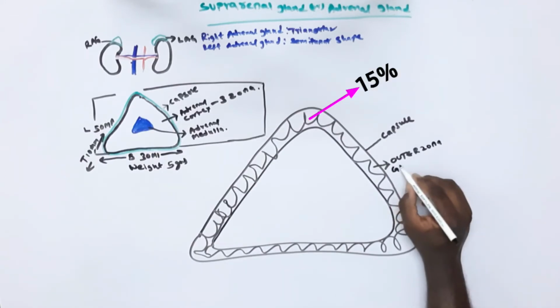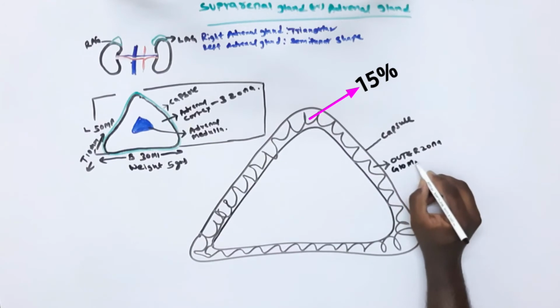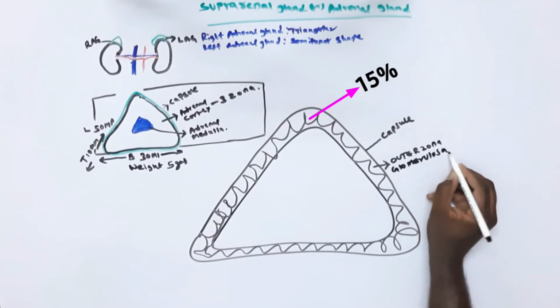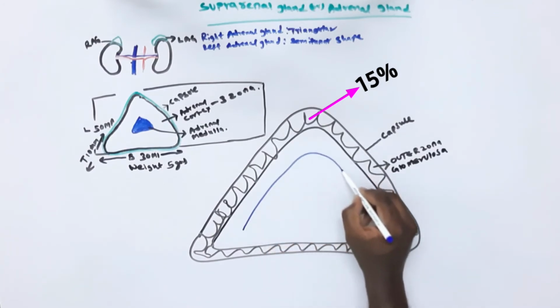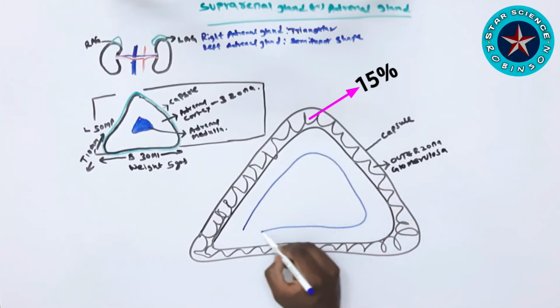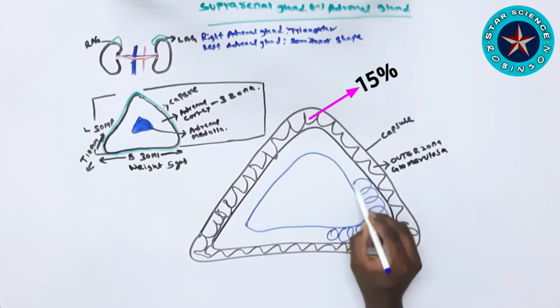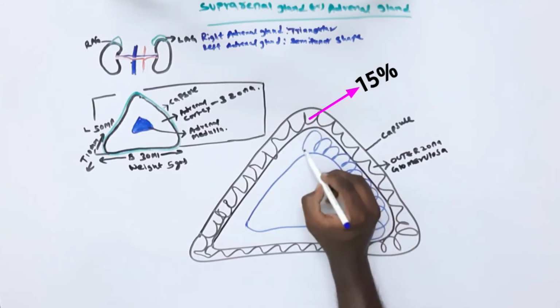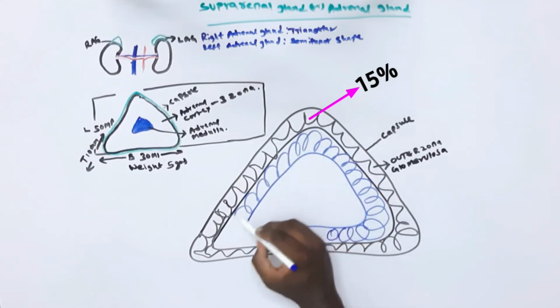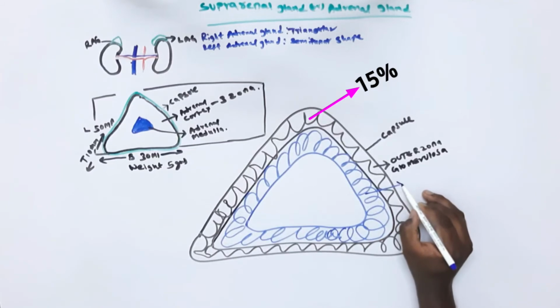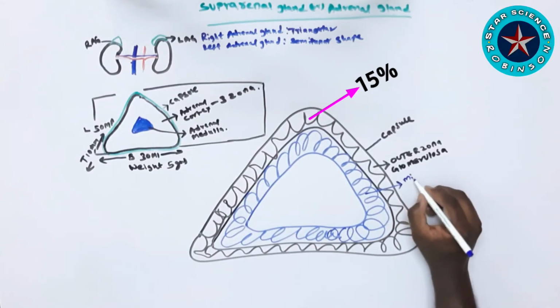It is beneath the capsule, made of columnar pyramidal cells, and releases mineralocorticoid steroid hormones for electrolyte homeostasis and water balance. Mineralocorticoids stimulate reabsorption of sodium and increase potassium excretion into urine. That is about aldosterone functions.